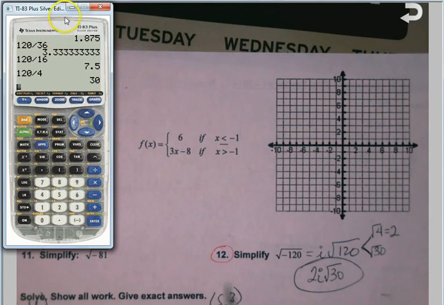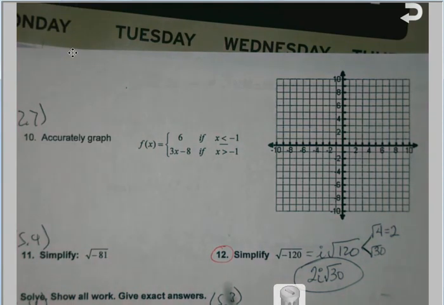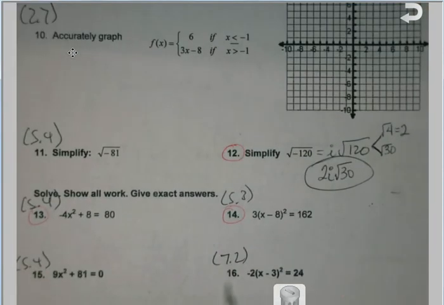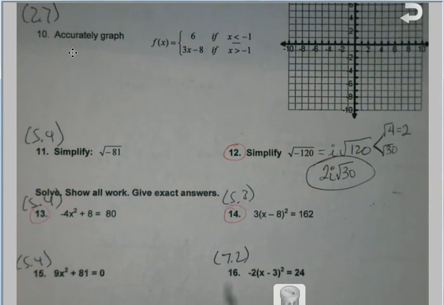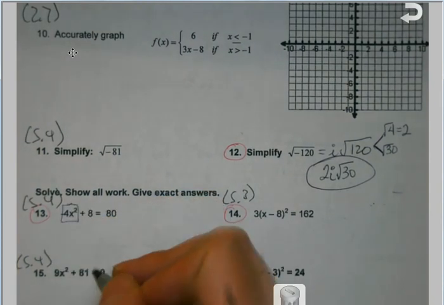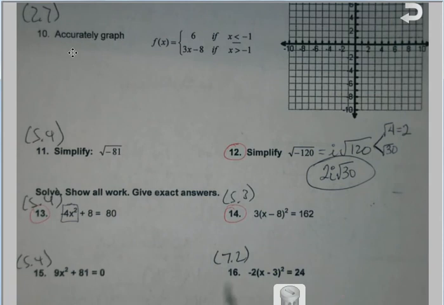Out of the way for a second. 13 and 14. Show all work, give correct answers. Okay. Working on getting x alone. What do I have to do first if I'm working on getting that negative 4x squared alone?